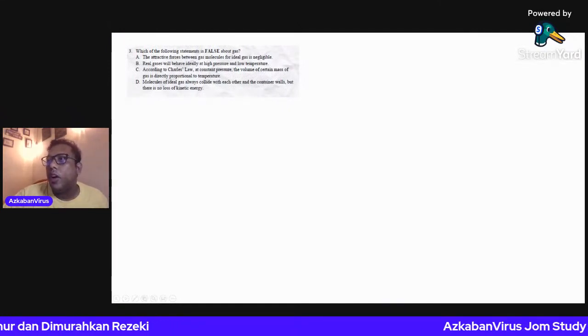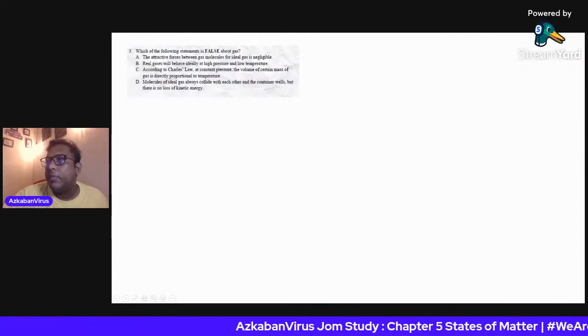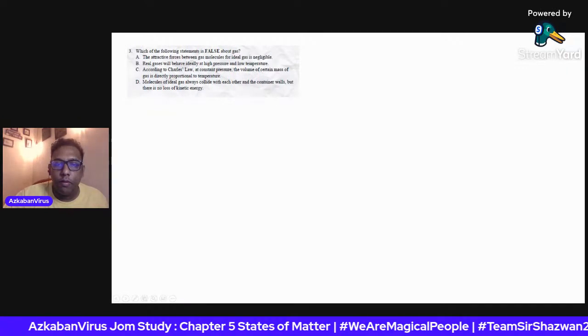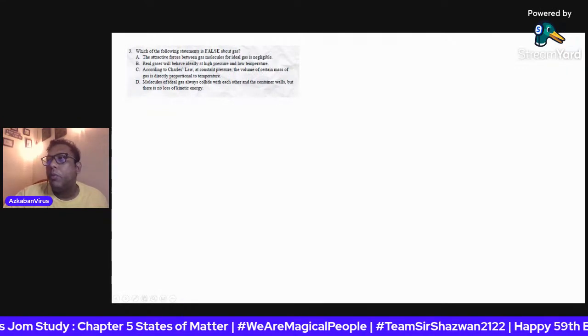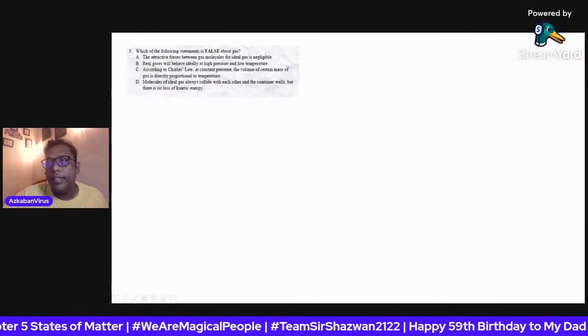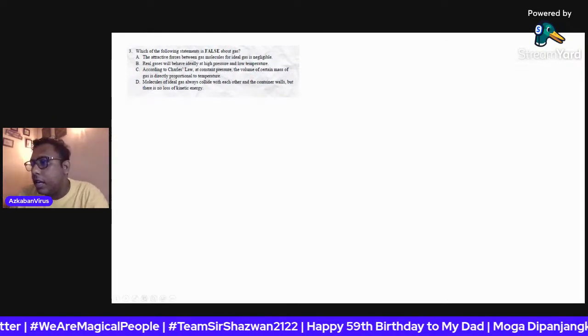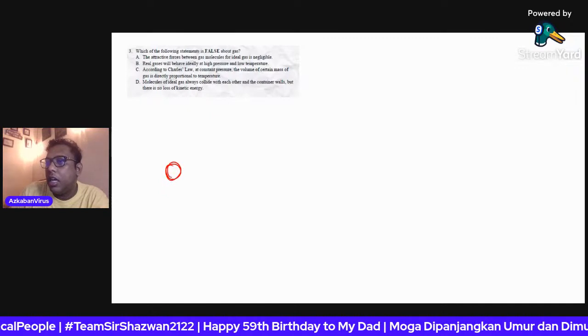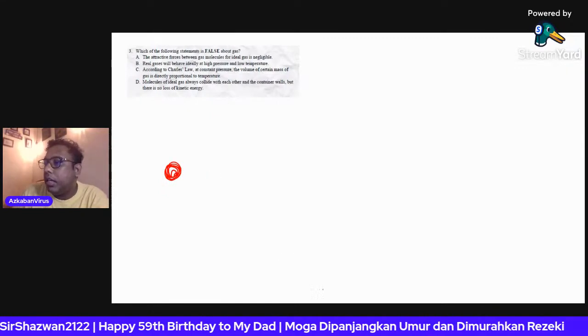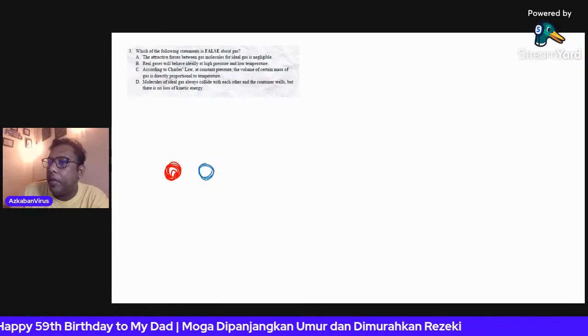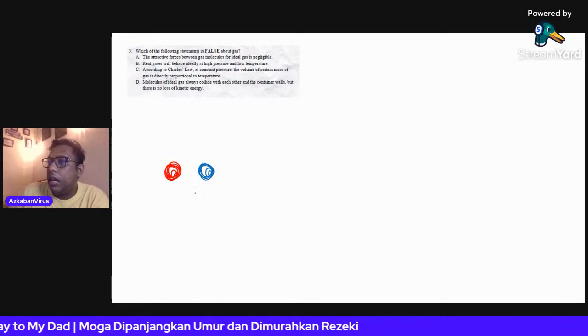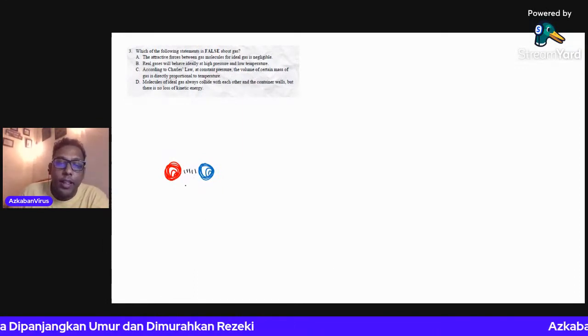Which of the following is false about gas? One: the attractive forces between gas molecules for an ideal gas is negligible. Kalau kita ada gas A dan gas B, dia tidak ada IMF antara dia orang tu.